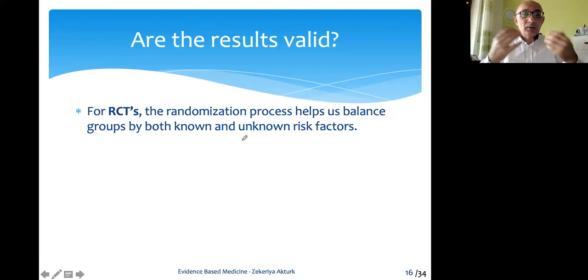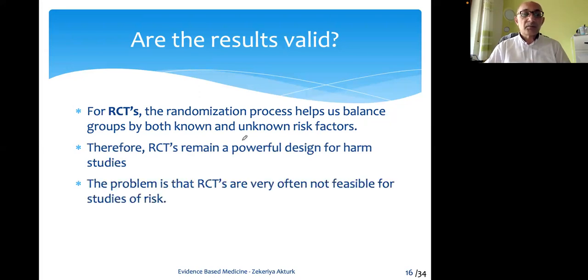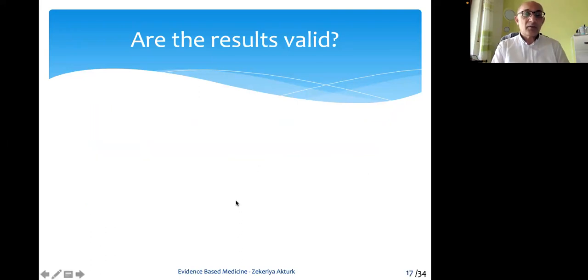So you are able to control for the confounders before you initiate the study. Therefore, RCTs remain a powerful design for harm studies. The problem is that RCTs are very often not feasible to study risk, because RCTs are conducted usually in a small number of participants, not in large scale.